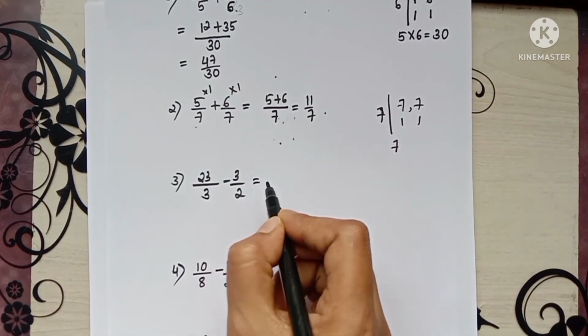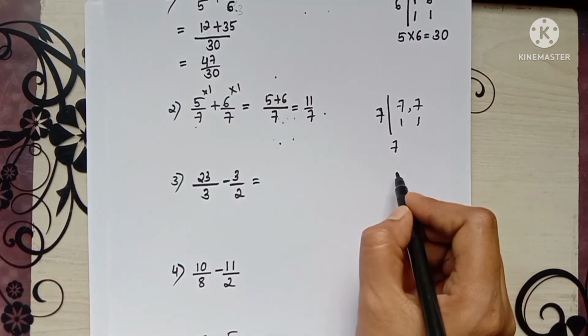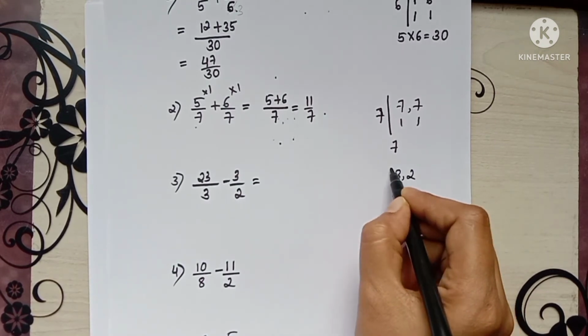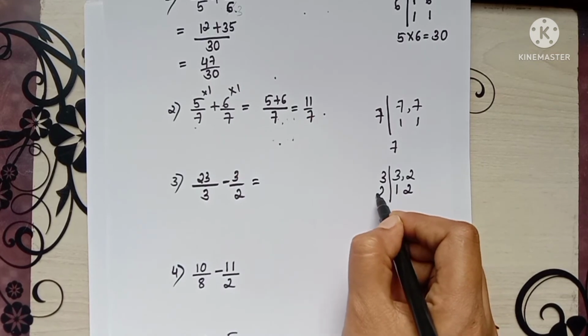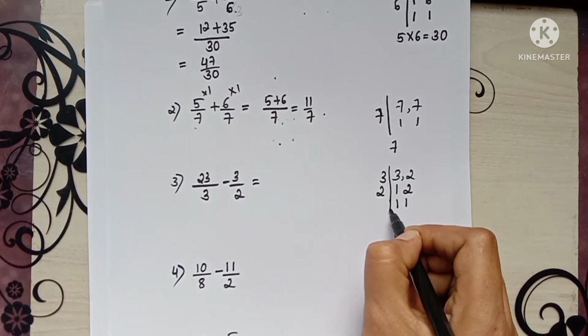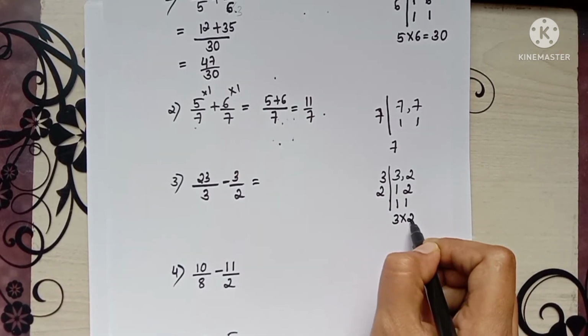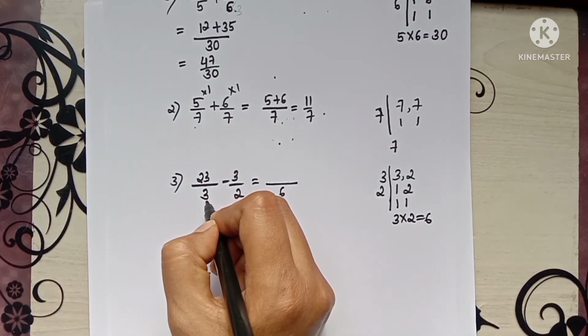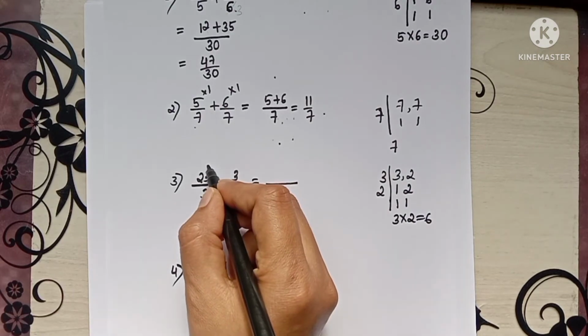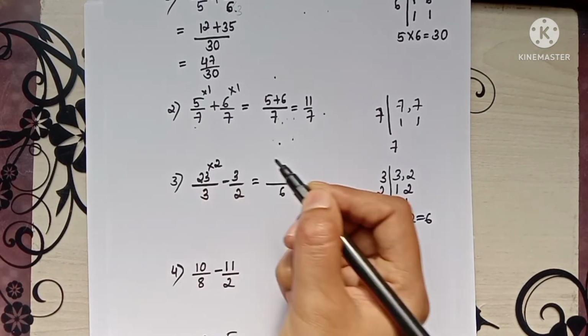So here we have 3 and 2. What is the LCM of 3, 2? 3 ones are 3, 2 is as it is. 2 ones are 2, 1 is as it is. That is 3 into 2 is what? 6. So the LCM is 6. So 3 2s are 6. Write down 3 2.